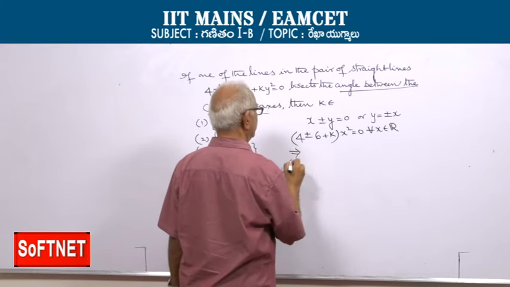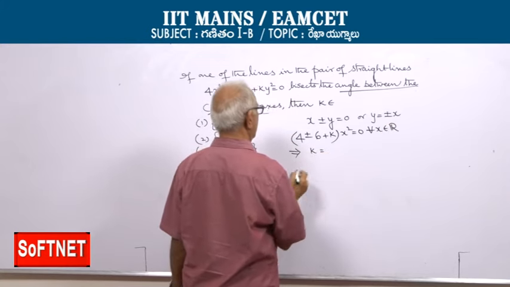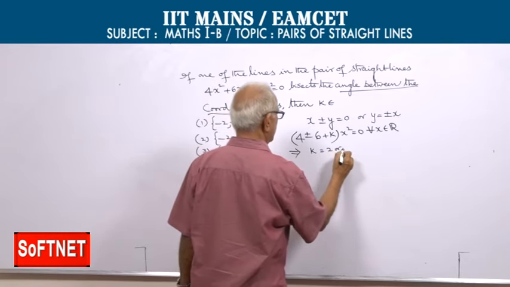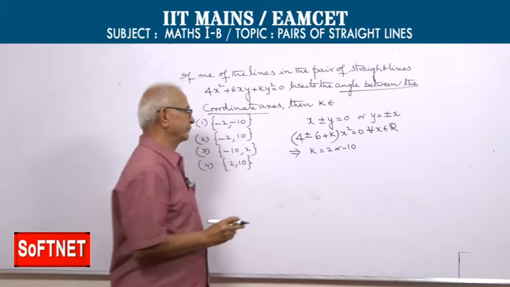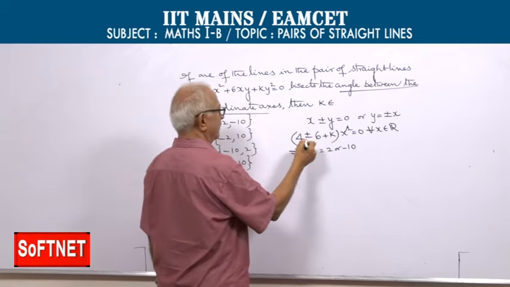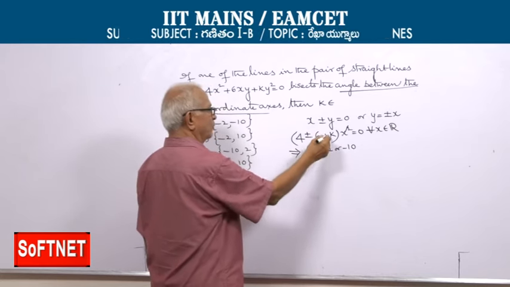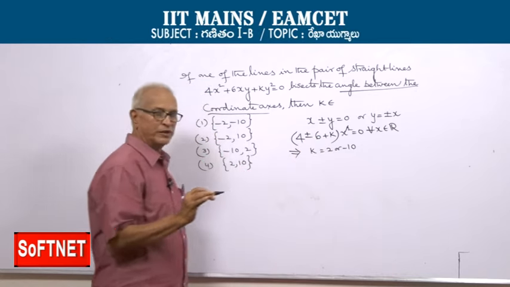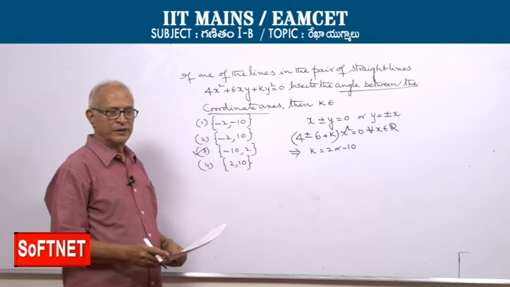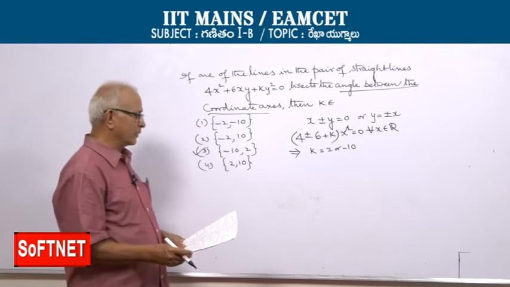That implies k equal to 2 or minus 10. Because x square can be cancelled and k minus 2 equal to 0 gives k equal to 2. k plus 10 equal to 0 gives k equal to minus 10. Therefore, the values of k are given by the set in the third option, minus 10 comma 2.